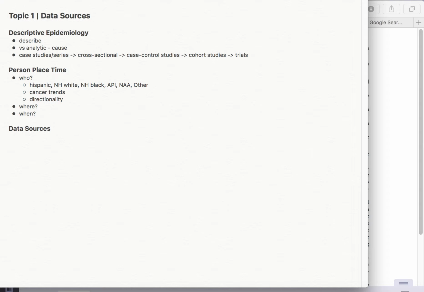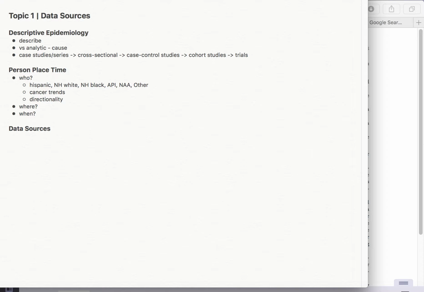The next section in the textbook really talks about the where, the location. And one of the things that this chapter does a good job of pointing out, near the end of that section, after it talks about a variety of different kinds of differences, is what are the reasons for these place variations in disease?